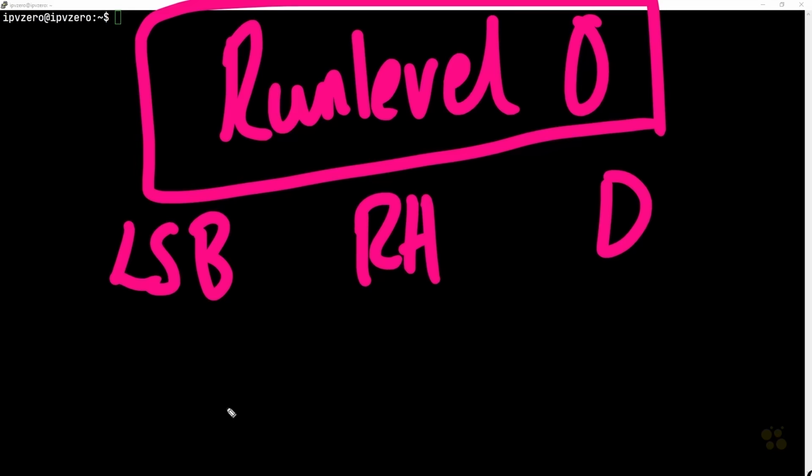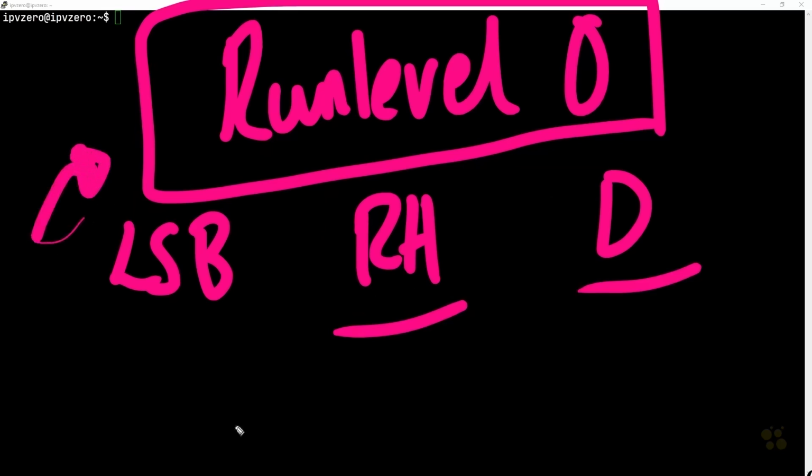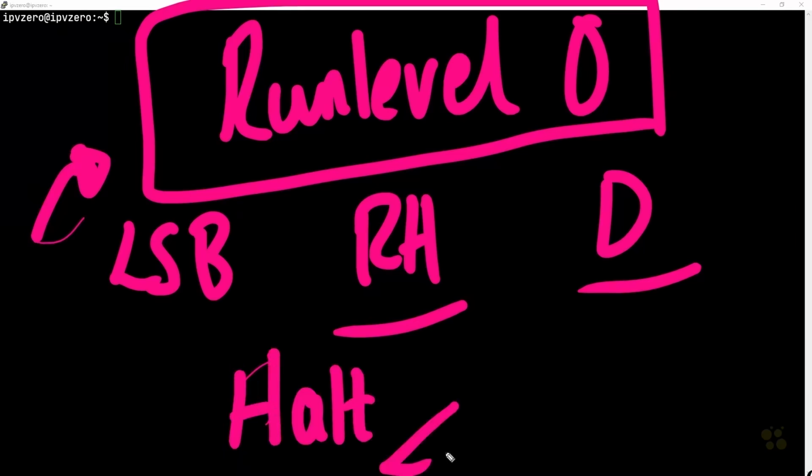We have no variation at all. Ultimately, whether we're using Red Hat or Debian or anything else, if we use run level 0, this is going to halt the system. And when I say to halt the system, that just means to shut down the system. So run level 0 across all definitions is going to do the same thing: shut down the system.